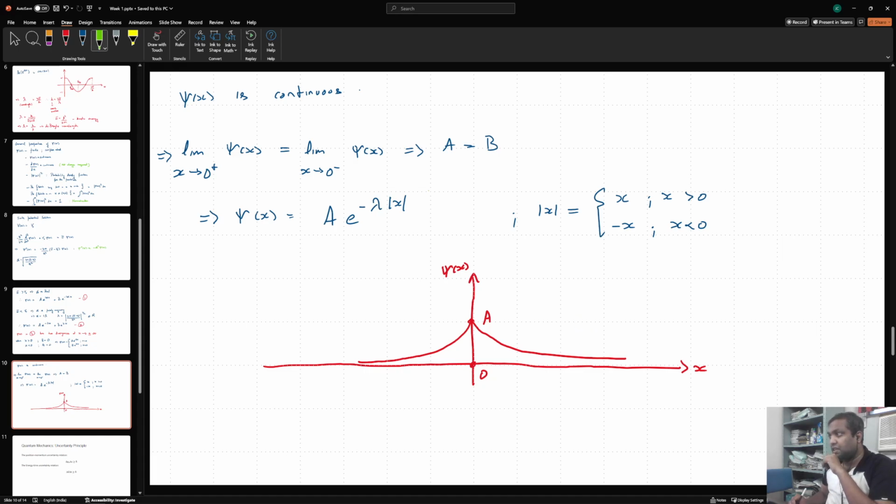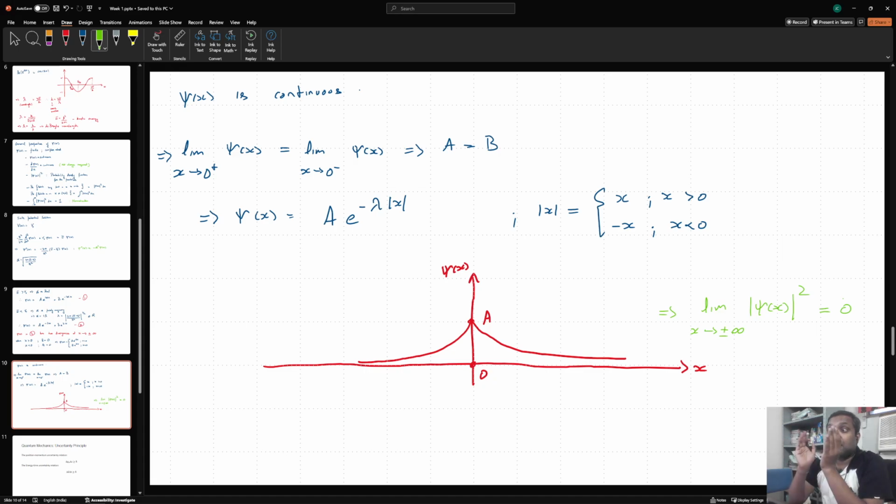This figure clearly shows us that the limit x tending to plus or minus infinity of this quantity, which is the probability density function, is also 0, because that is just the square of this function. In fact, if I take the square of this function, it will decay even faster. So that tells me something very important. This tells me that the probability density actually vanishes as I am moving farther and farther away from the origin.